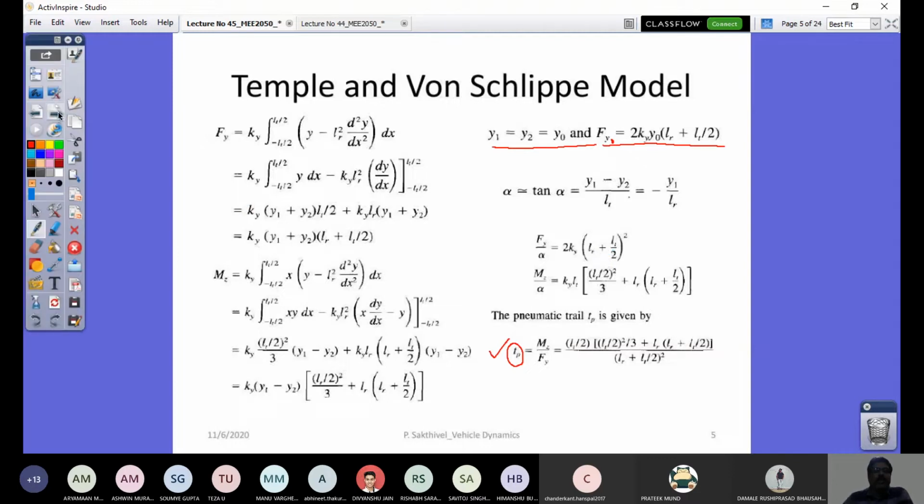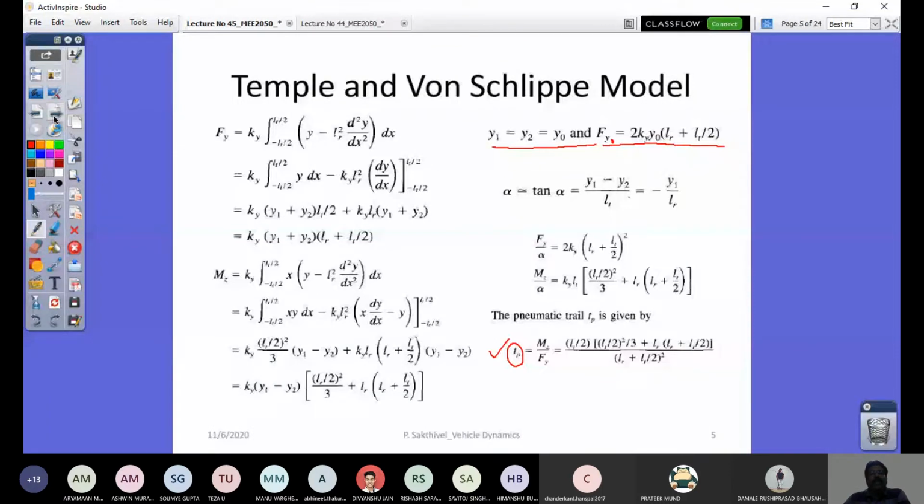Because a fully empirical formula is a complete fit of your experimental data, and that best fit you express through an equation, that is an empirical formula and its corresponding curve. In a semi-empirical formula, you have your basic physics behind the model, like the string model or elastic band model, and then you derive your expression for the efforts, your tractive or braking effort or self-aligning torque like this, and then you call that model an analytical model. So when you have a combination, then it is a semi-empirical model.